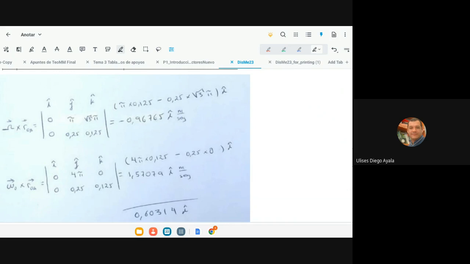The capital omega was the main one, the one that has only one rotation. And the sub-zero was the other one that has two rotations. So this would be the velocity for this one, and this will be the velocity for the other one. And if you had additions, you have the same value. So what's the meaning of this? You had minus and you had plus. It means that one will be in one direction and the other will be in the opposite direction.